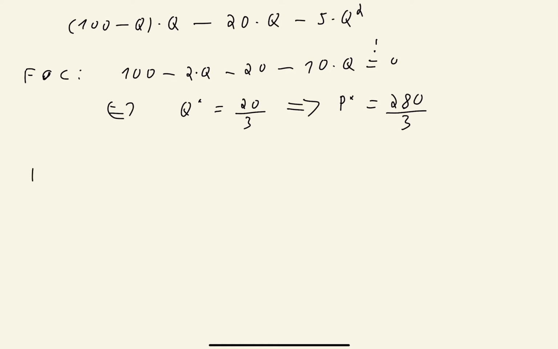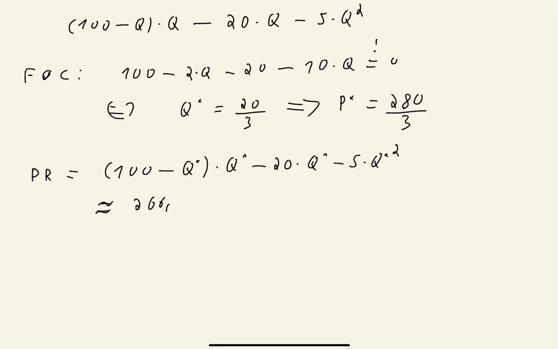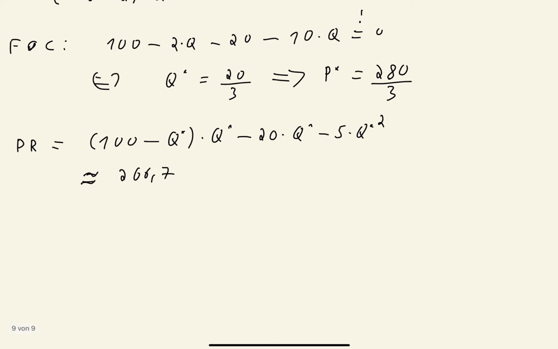So it's simply 100 minus Q star, times Q star, minus 20 times Q star, minus 5 times Q star to the power of 2. If you plug in all the values, you end up with roughly 266.7. So this is the profit of the firm, and hence the producer rent.